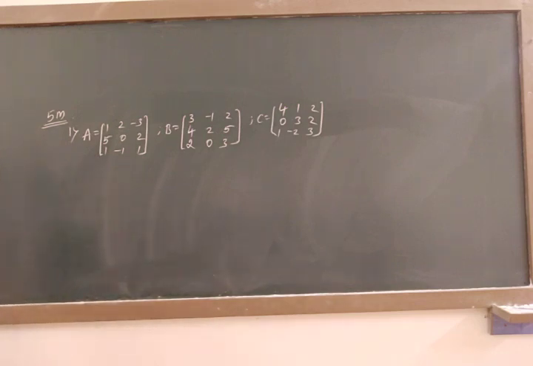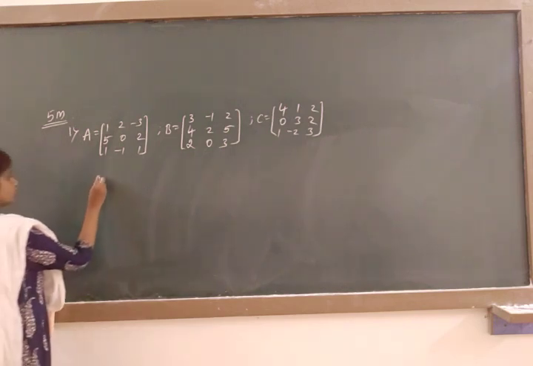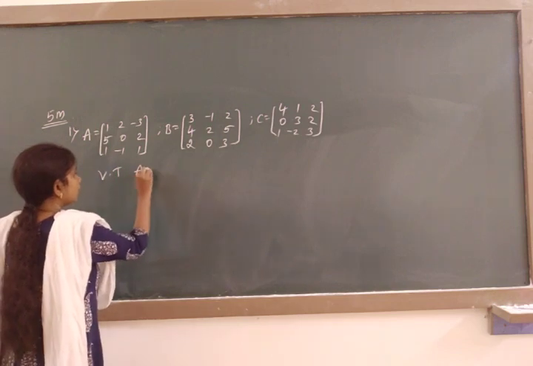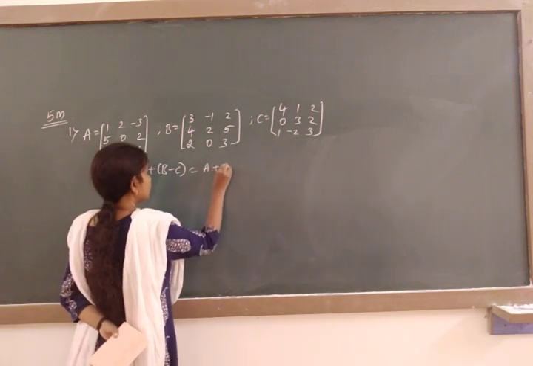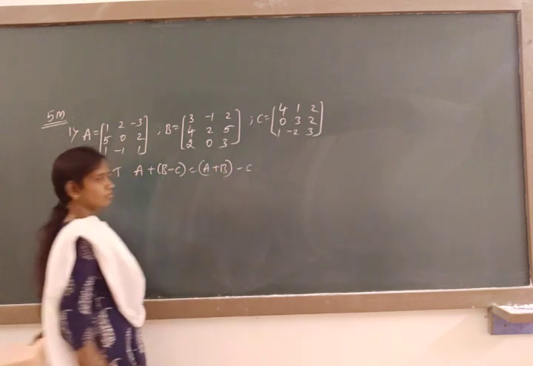So these are the matrices of same order. You just check it out. A is of 3 cross 3, B is of 3 cross 3 and C is also of 3 cross 3. Okay. Next, what is our question? Verify that A plus of B minus C is equal to A plus B minus C. This is our question.